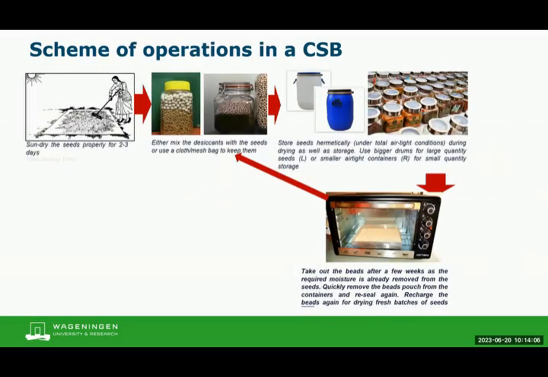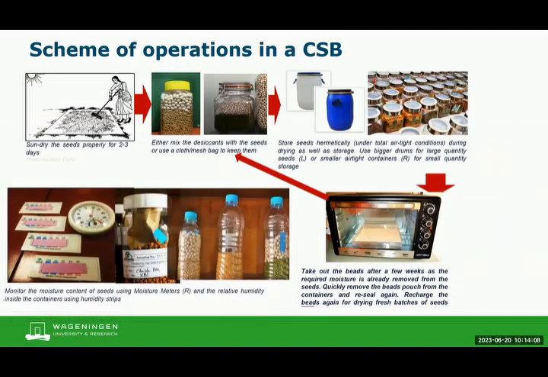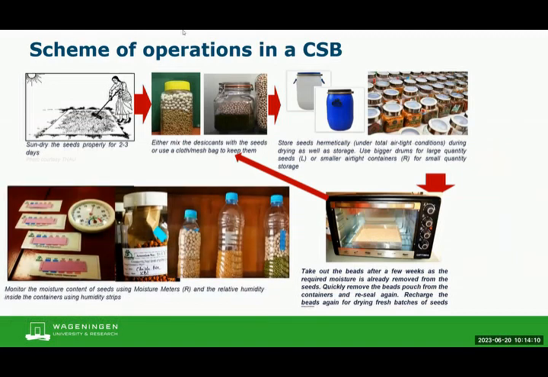These strips are only for indicating. So these strips automatically, when they absorb moisture, they become pink, and then when they release moisture, they become blue. So these strips also can be used for a long time. Is that your question? Yes, that is my question.